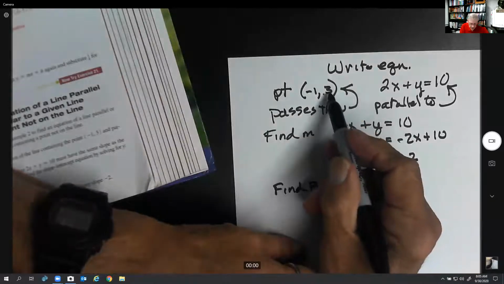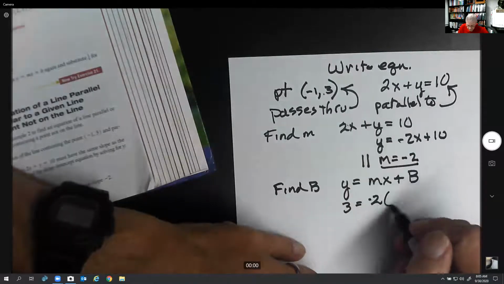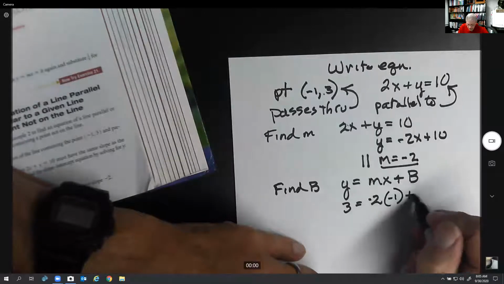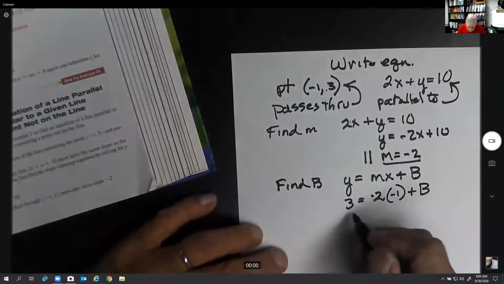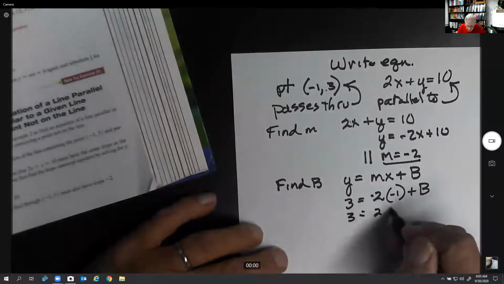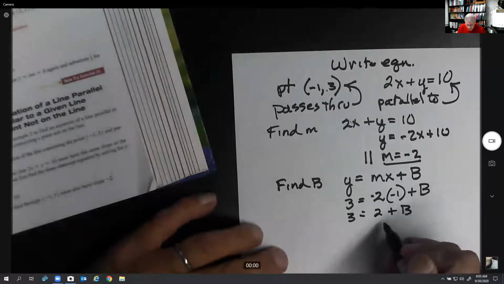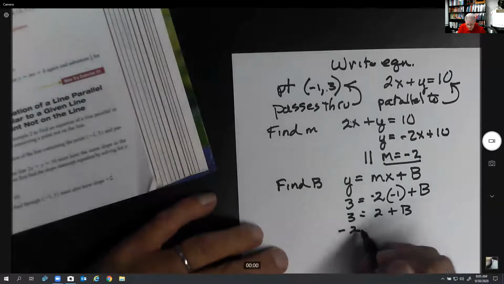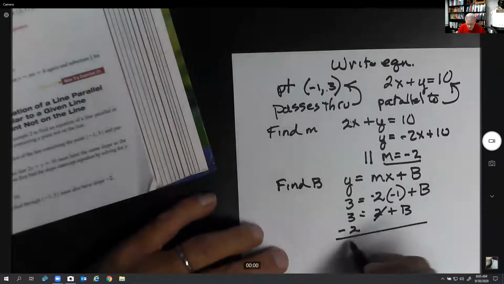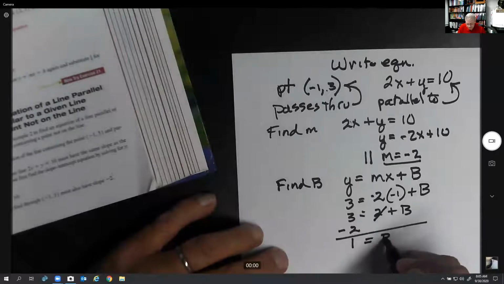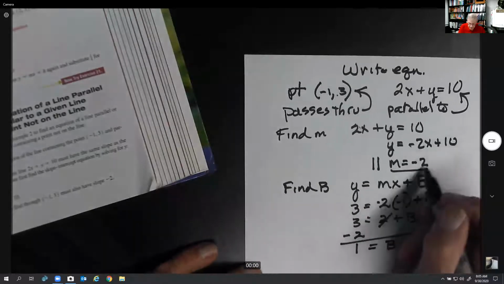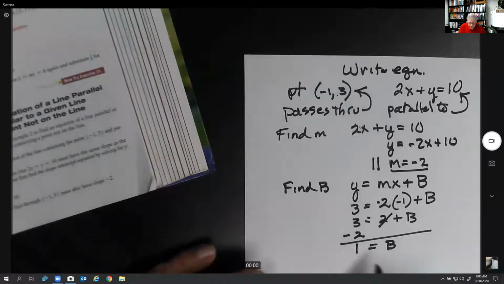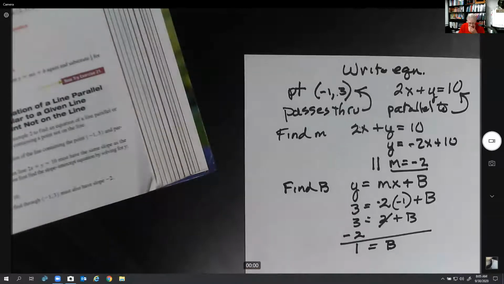X would be -1. And b will be what we're trying to find. And so this gives me 3 equals 2 plus b. I'm going to subtract 2 from both sides, and we get b equals 1. So now we've got our m, we've got our b, and now we can write our equation.